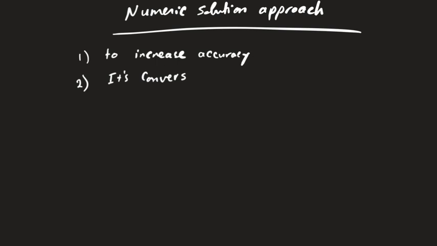Convergence is not a verb, so it's easier to write it this way: ensure convergence.